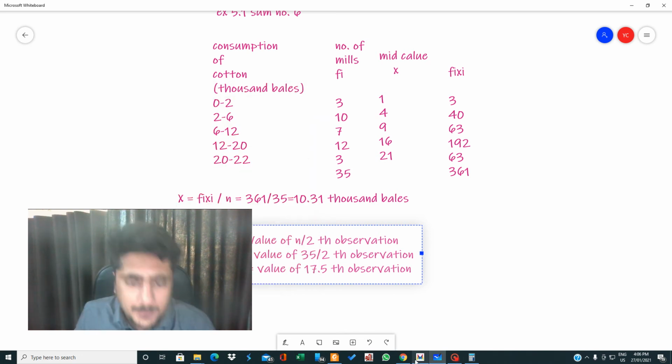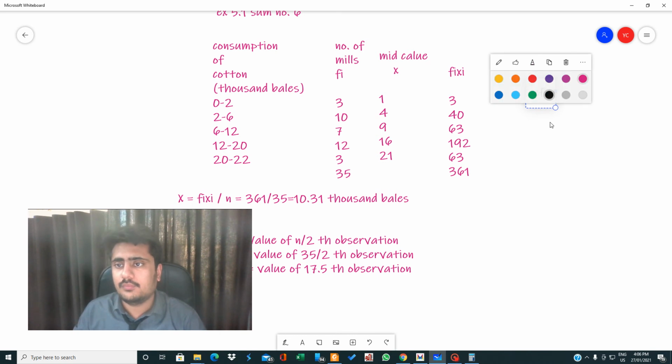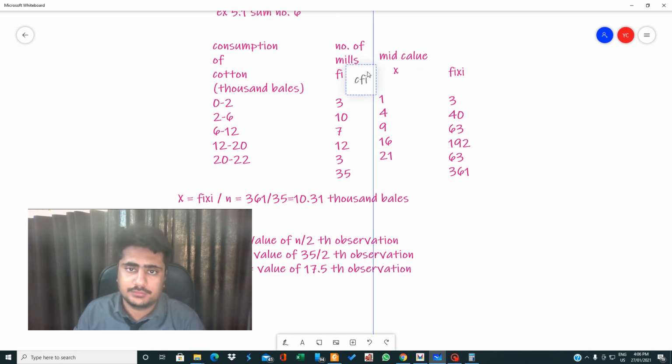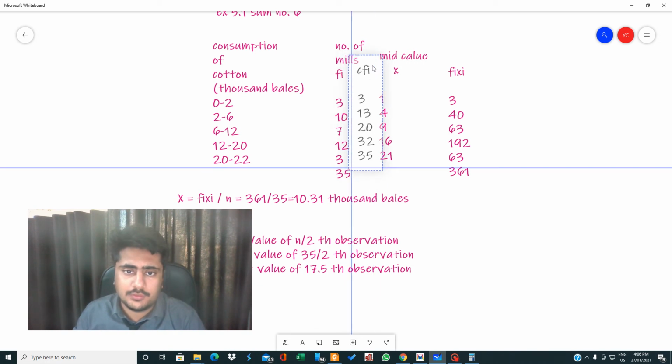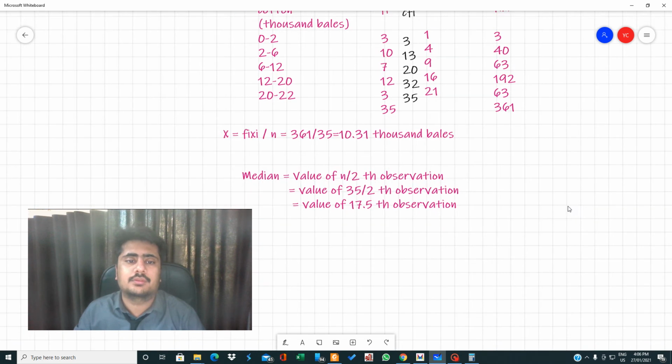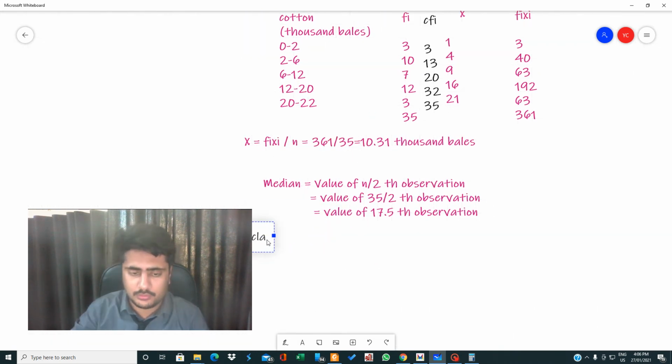Where will we search the 17.5? We'll make the CF. This is 3, 13, 20, 35. Now the 17.5 is in the class of 6 to 12. So my class selected is 6 to 12.